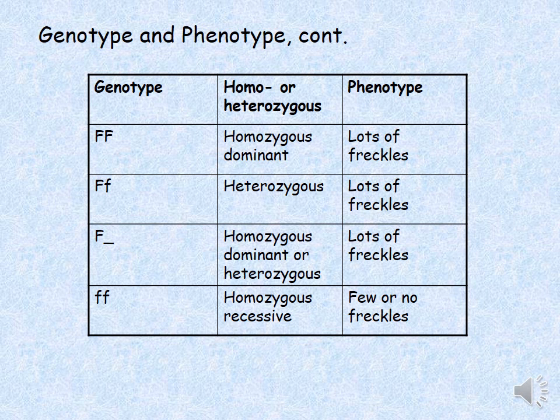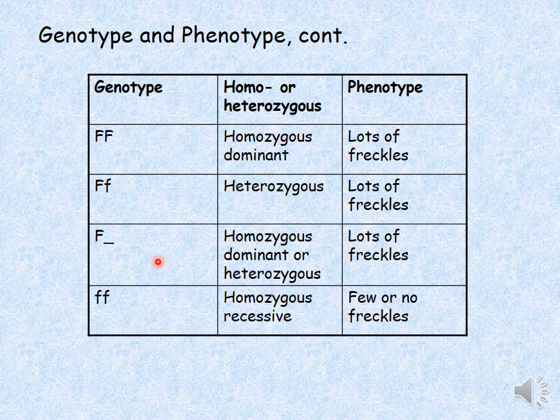The genotype of big F, which is homozygous dominant, will have the phenotype of lots of freckles because big F is being expressed. In a heterozygous individual, the genotype is big F, small f. The phenotype is still lots of freckles because in a heterozygous situation, the big F is being expressed.